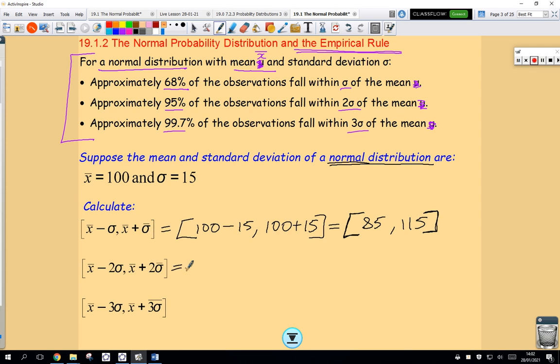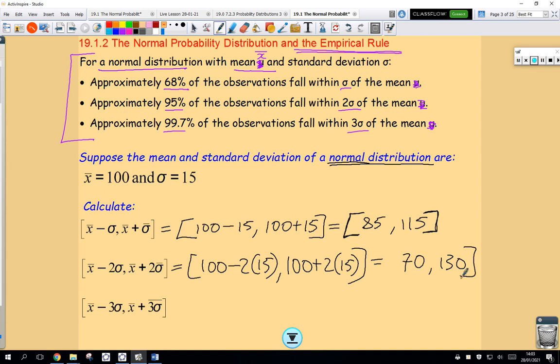X bar minus 2 sigma, well, x bar is 100 minus 2 standard deviations, well, that's 2 15s, up to 100 plus 2 standard deviations, which is 2 15s. And what I'd get there is 100 minus 30, that's 70, up to 100 plus 30, that's 130.